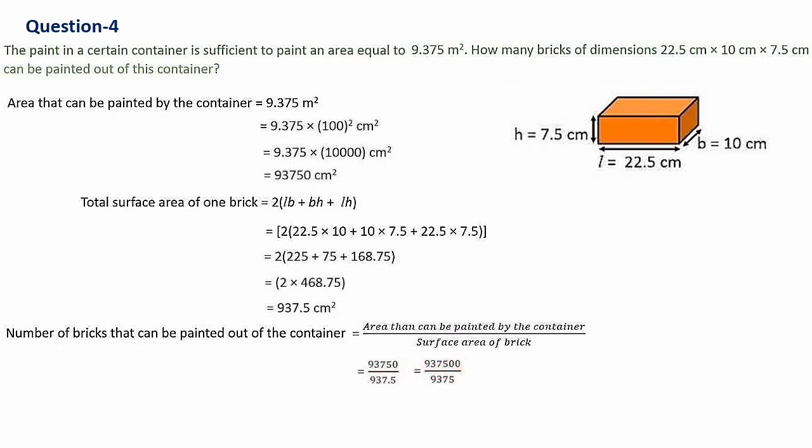One more zero will be added here when you multiply by 10. And the denominator, when you multiply by 10, the decimal portion will go. That is 9375 will come, no decimal. Then you can see here 9375, 9375 can be cancelled and you will get the answer as 100. So number of bricks that can be painted out of the container is 100.